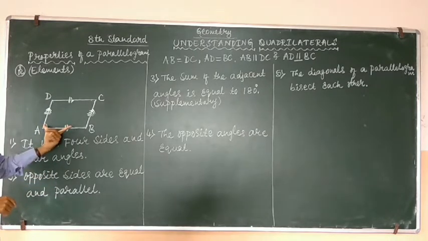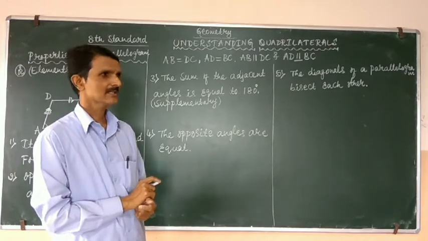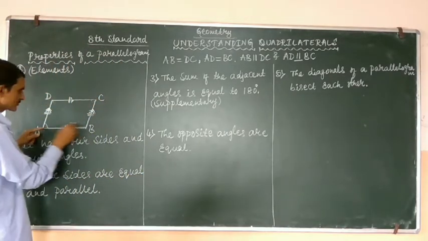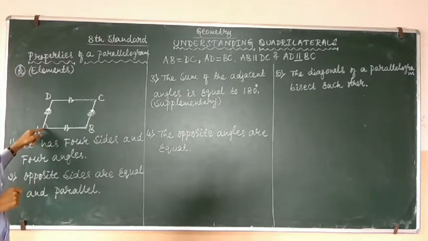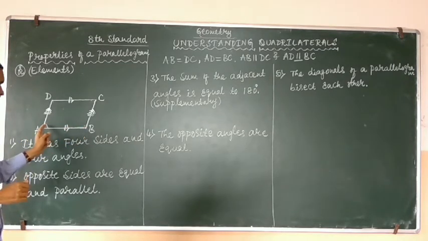The property of adjacent angles is that they are supplementary. That means if we add these two angles, the sum is 180 degrees.